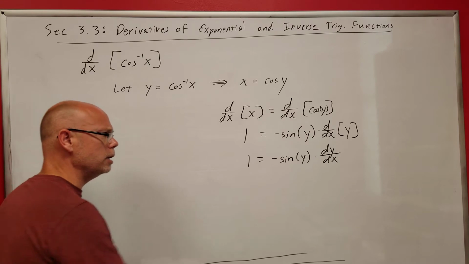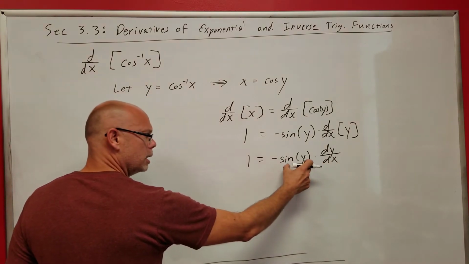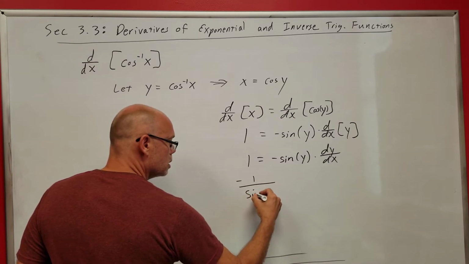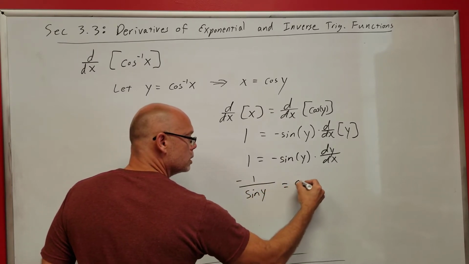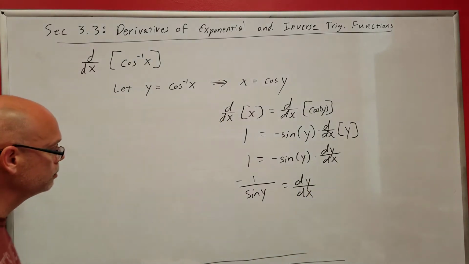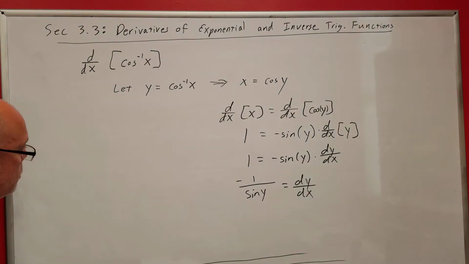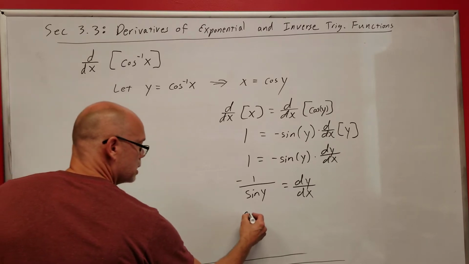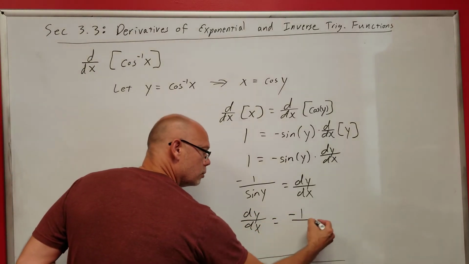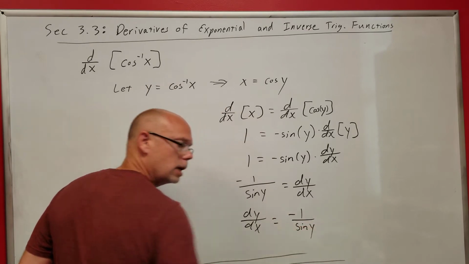Now let's solve for dy over dx. Let's divide by this on both sides. So we get negative 1 over sine of y is equal to dy over dx. In other words, dy over dx is equal to negative 1 over sine of y.